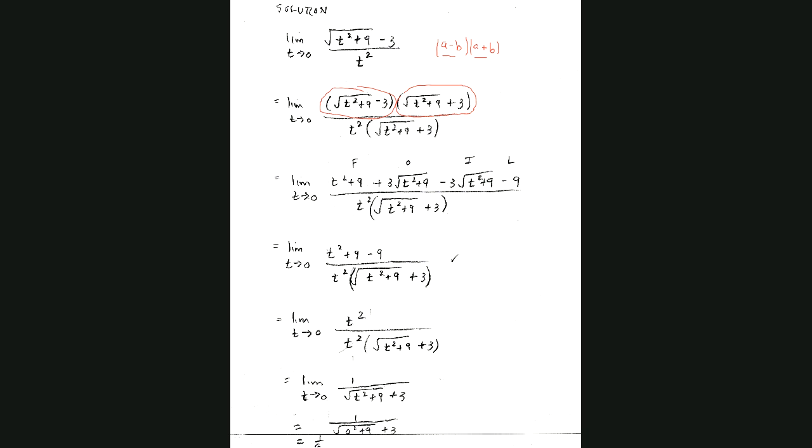Sebastian's right, you use the FOIL procedure. So we're going to do the same thing in our problem here. We're rewriting our function in a friendlier way.